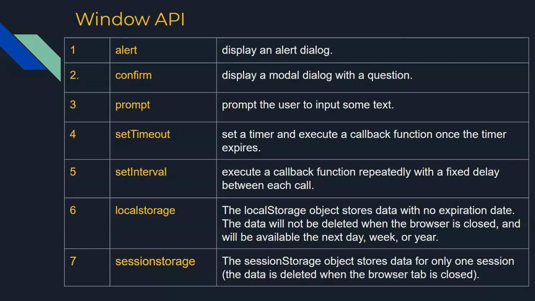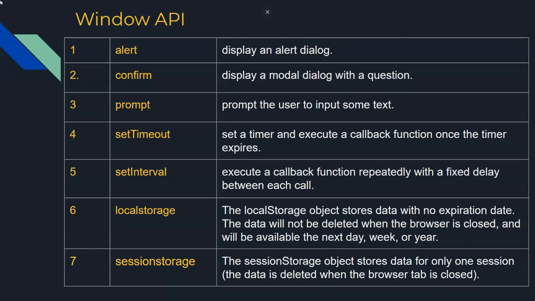Then we have setTimeout that sets the timer and executes the callback function once the time expires. Then we have setInterval that is the opposite of timeout. It calls the function again and again after a particular delay. Then we have storage properties called local storage and session storage. The local storage stores data with no expiration date, and the session storage stores the data for one session.